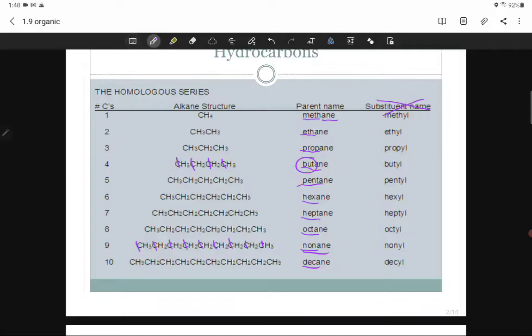So we'll talk a little bit about that. But if you have the prefix and you have the suffix, you're going to know everything you need for AP chemistry. Now, when you take organic chemistry, either with Mrs. Riefner at our school or in college, you'll get a lot more expanded knowledge for sure.